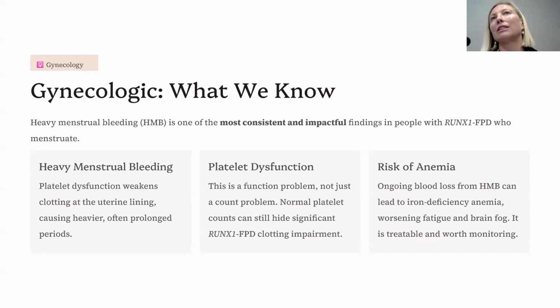So even if a woman has relatively normal platelet counts with RUNX1 FPD, it's highly likely that those platelets aren't functioning properly. So if you're not managing heavy menstrual bleeding, that can lead to iron deficiency and anemia, and that really impacts quality of life. You're talking about fatigue, brain fog, lots of issues.